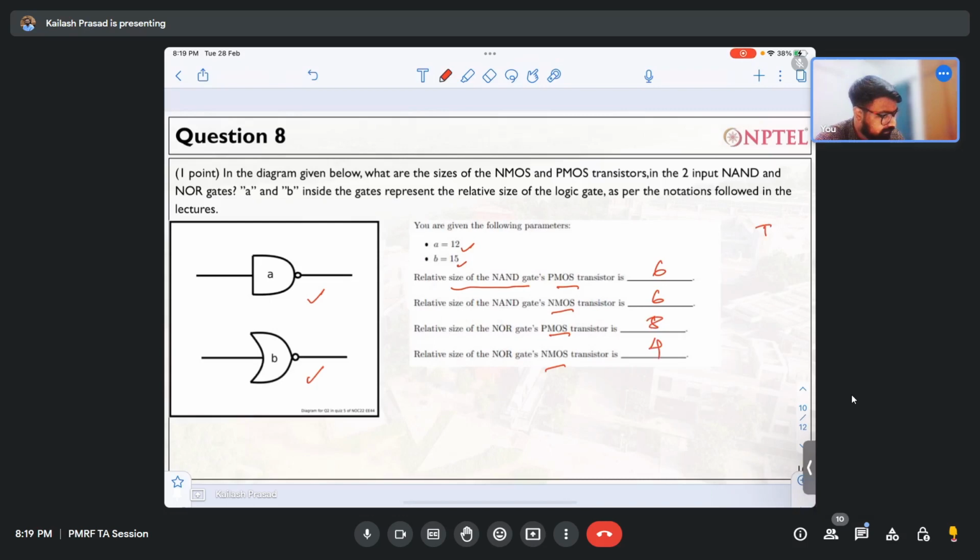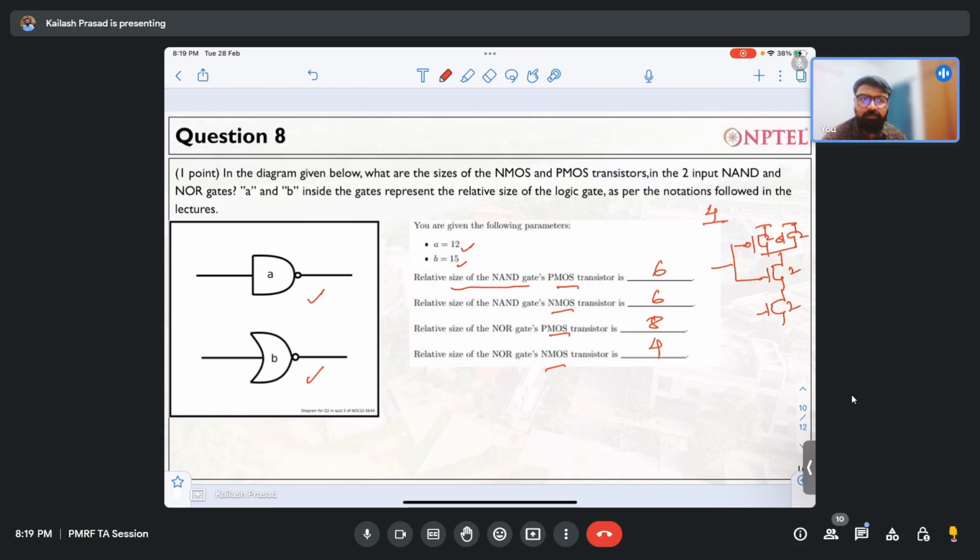This is how your NAND gate looks like. This is my PMOS, two PMOSes, and then two NMOSes, right? The sizes are 2, 2, 2, and 2. So the total size of an input is 2 plus 2, 4.